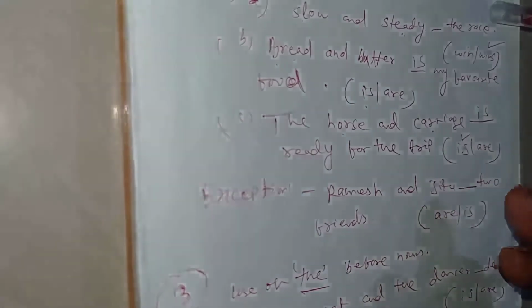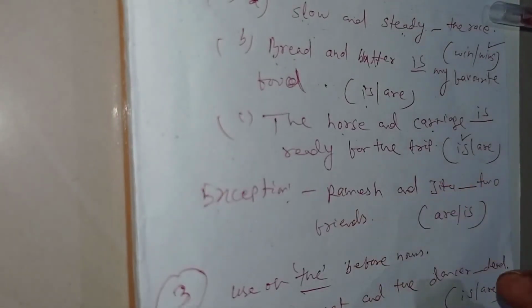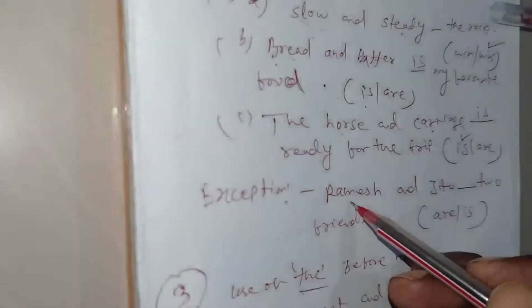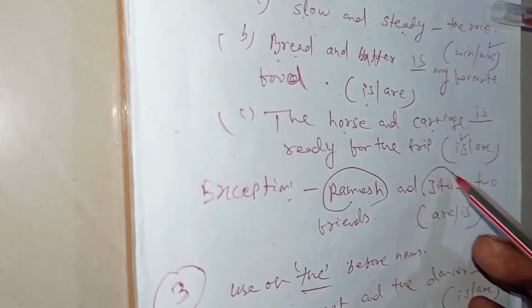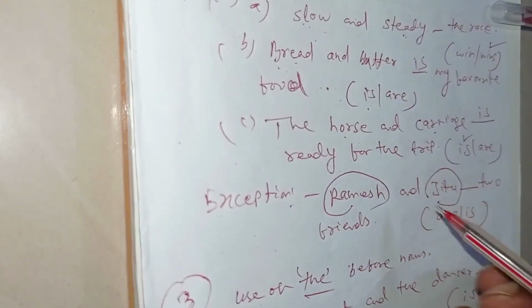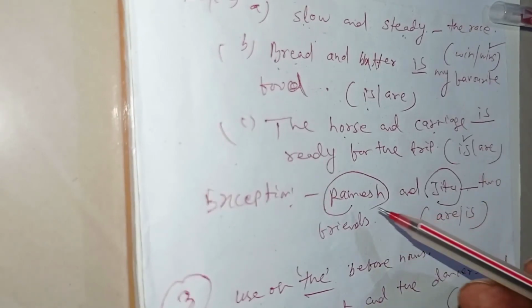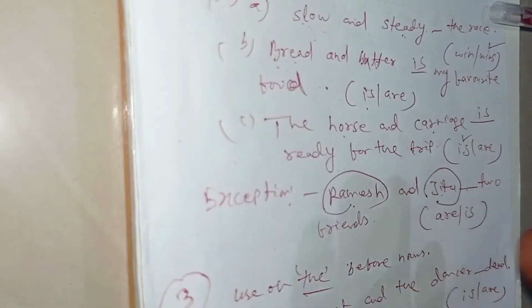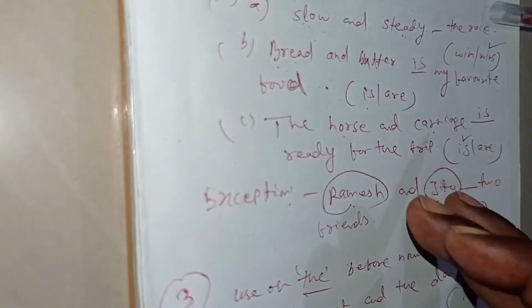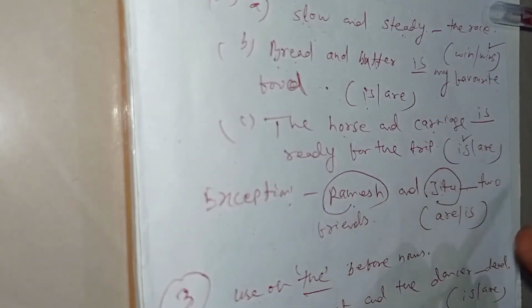But when they are joined by and, they take a plural verb. Example: Ramesh and Jitu are two friends. Here you remember, Ramesh and Jitu are two separate or different persons. They don't refer to the singular idea or same notion.